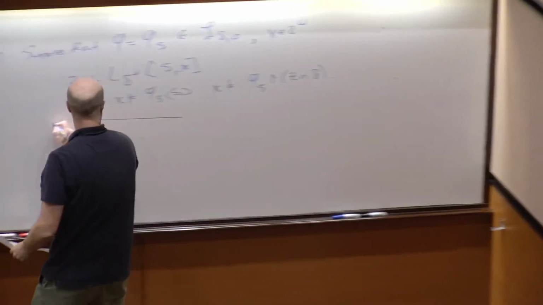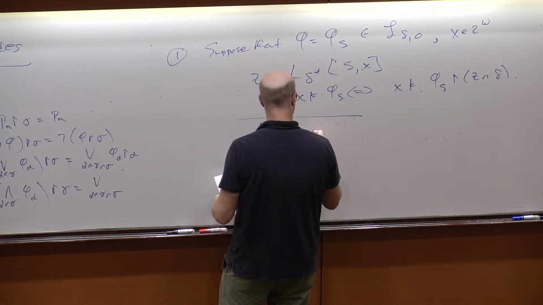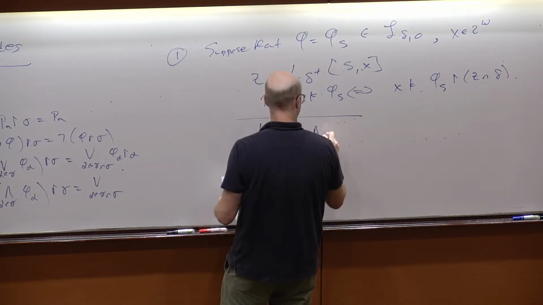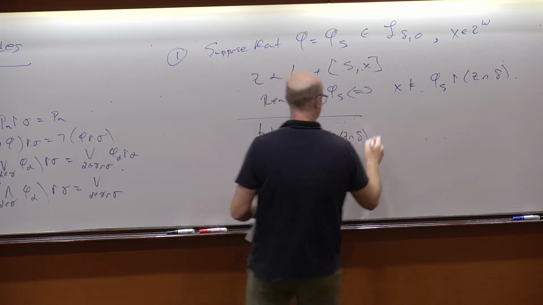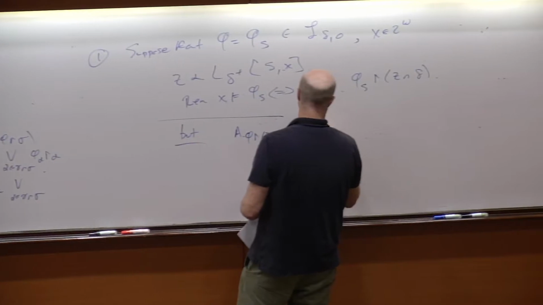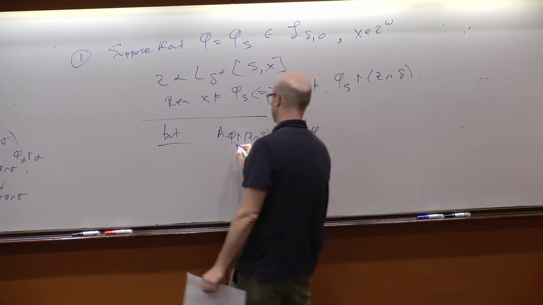But it's not going to be true in general that phi restricted to Z intersect delta is contained in phi in general.